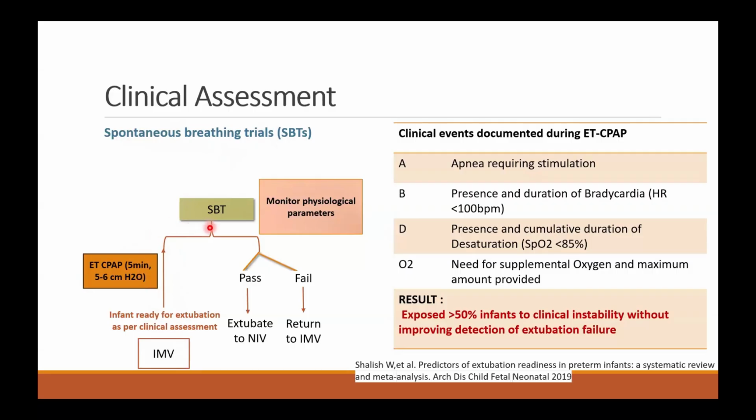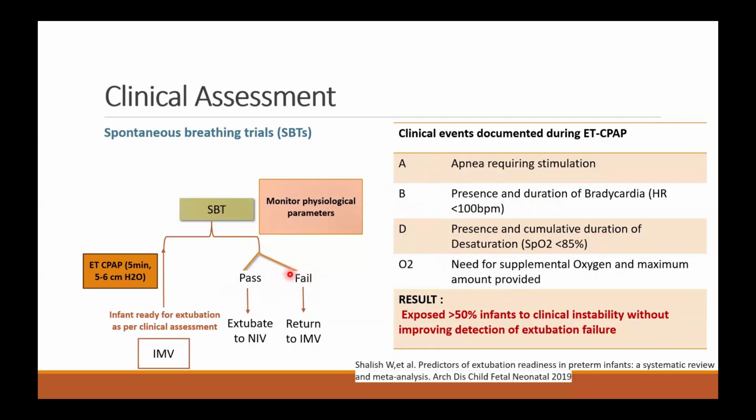Then there are certain physiological parameters assessed, like apnea, presence or duration of bradycardia, that is heart rate less than 100 beats per minute, presence or cumulative duration of desaturation, SpO2 less than 85%, and need for supplemental oxygen or the maximum amount of oxygen required at that time. All these are assessed, and if there is no worsening, then the baby is said to pass the test and is extubated to NIV.